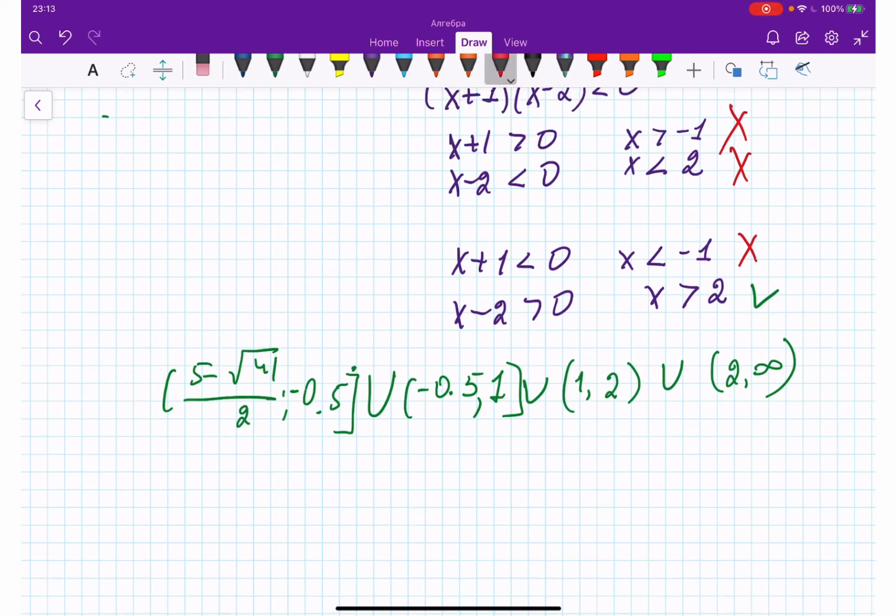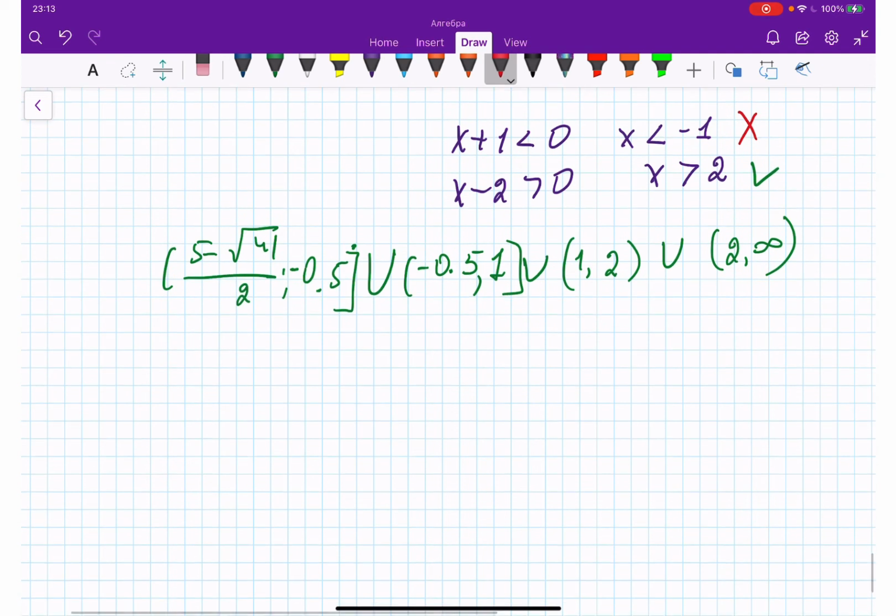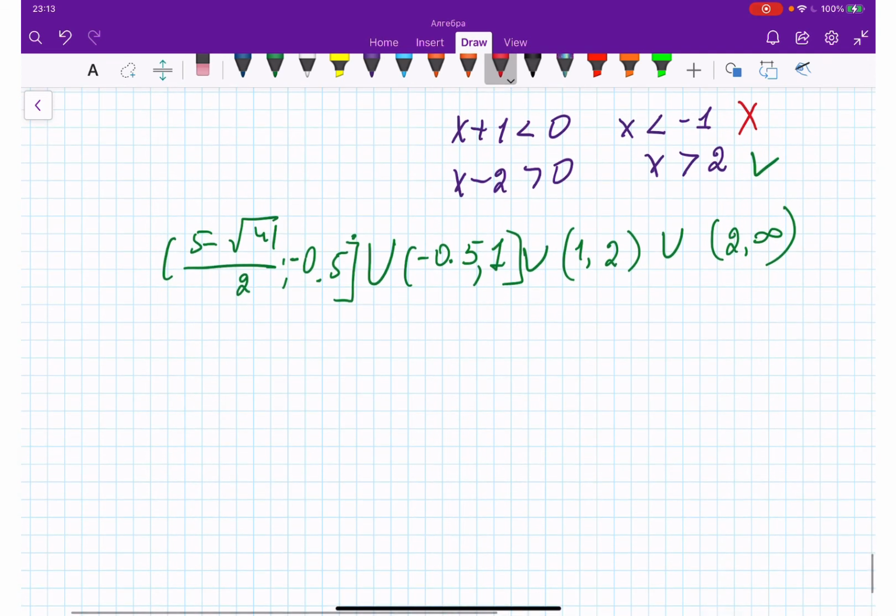Next, we are going to solve inequalities of the type absolute value f of x greater than g of x. And it can be not only greater than, it can be greater or equal, less, or less or equal.